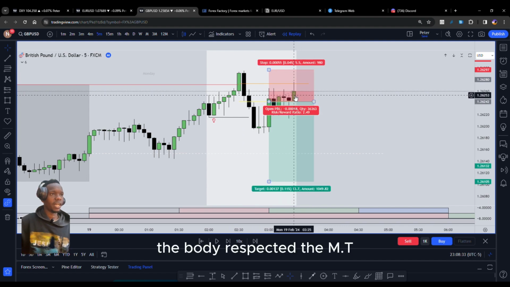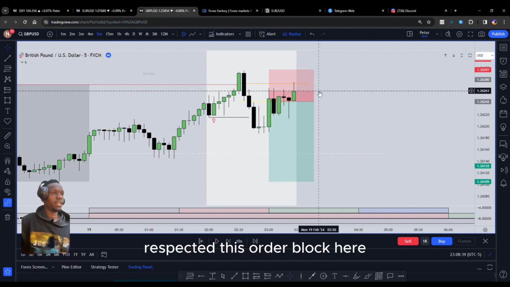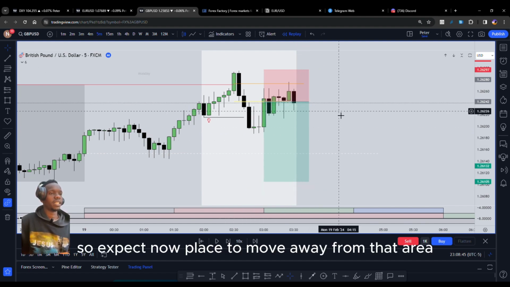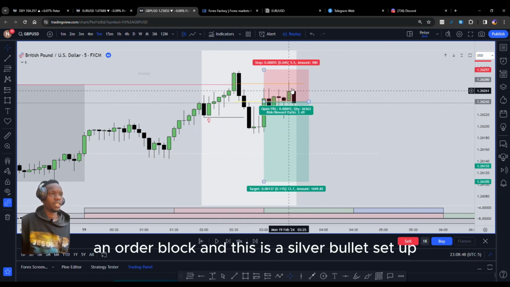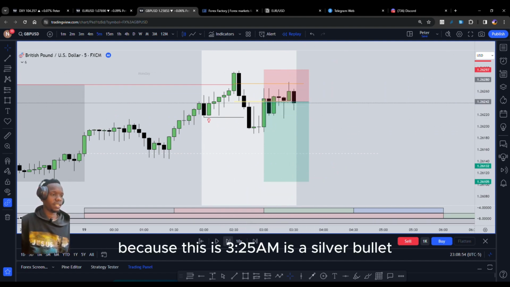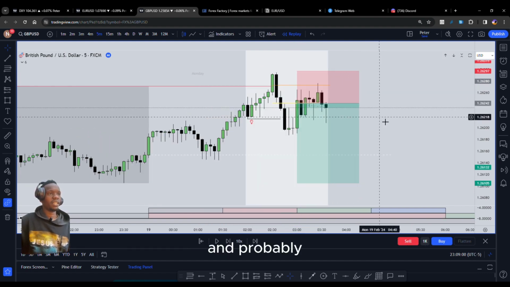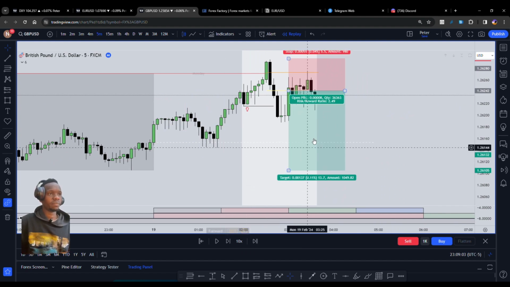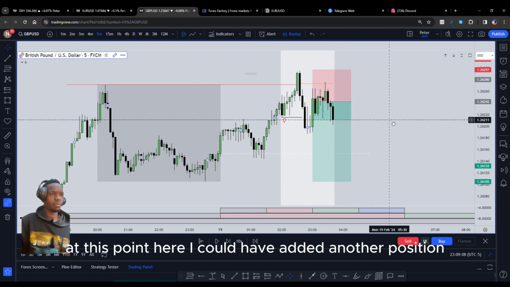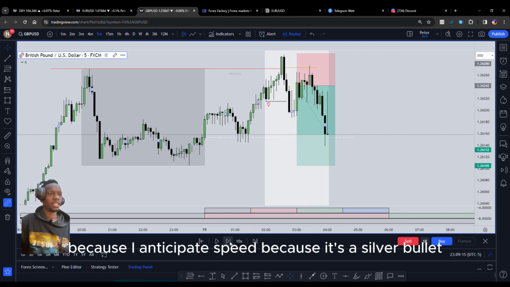The body respected it; the wicks do the damage. The body tells you the story. So the body respected this order block here. So that's a good sign. So I expect now price to move away from that area. And you see this now an order block, and this is a silver bullet setup, because it is 3:25, that's a silver bullet. Now I anticipate speed moving away from this area, and probably at this point here I could have added another position, a small position, because I anticipate speed, because it's a silver bullet.